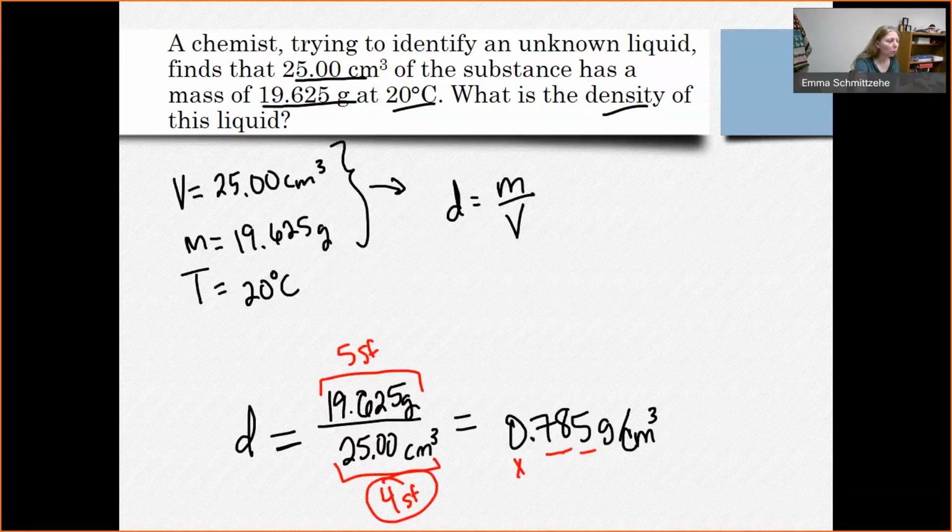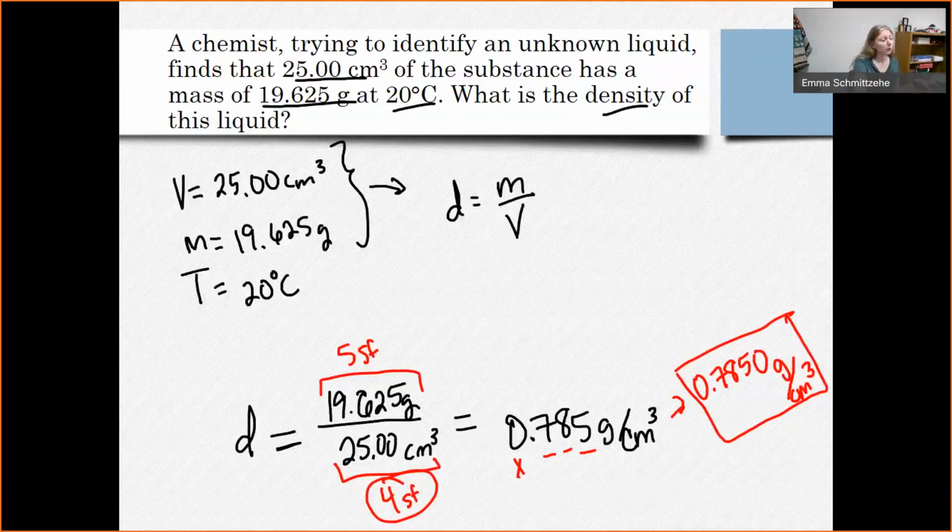I'm only reporting right now 3 sig figs. That's not good. I need to report 4 sig figs. So really what I should be reporting is 0.7850, okay? I know that a lot of people don't like doing that. That is the proper answer. And so it is actually known to that 4th sig fig based on the measurements. Okay, so that would be my answer.